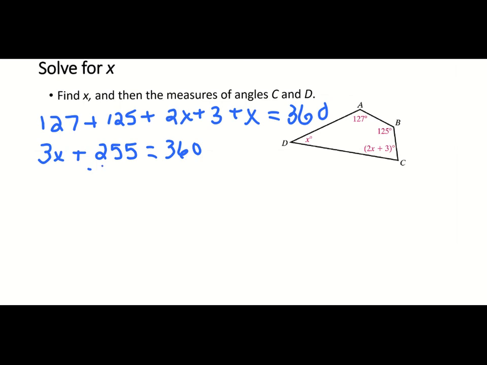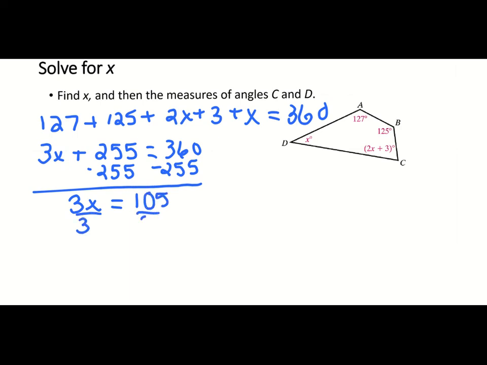Then I'll subtract 255 from both sides. So now I have 3x is equal to 105. And divide by 3. So x is going to be equal to 35.